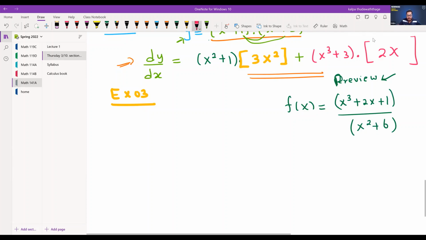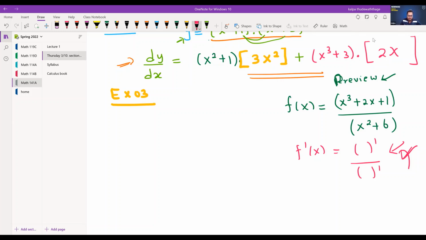Is it as AJ claimed, just take the derivative of the first guy and the derivative of the second guy? Does this work or not? It turns out this does not work. You cannot just take the derivative of the numerator and denominator and get the total. It's fairly complicated, and we will see it on Friday.